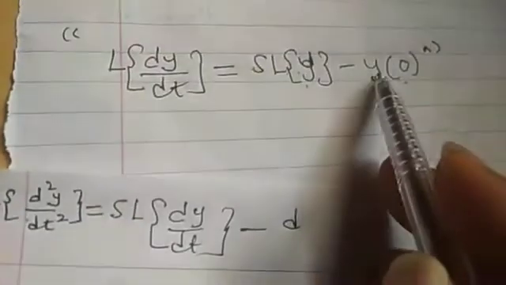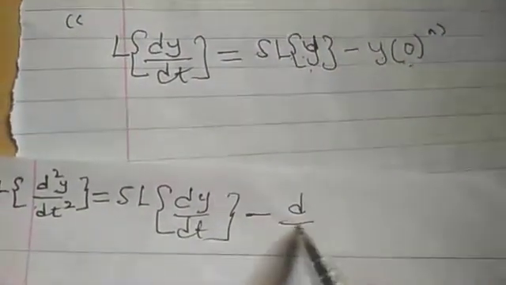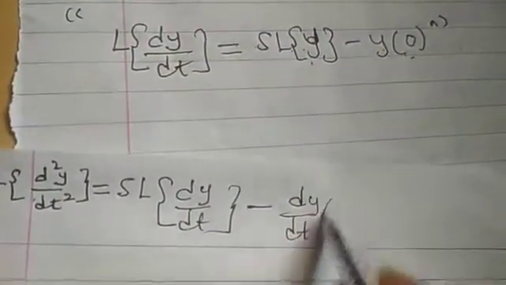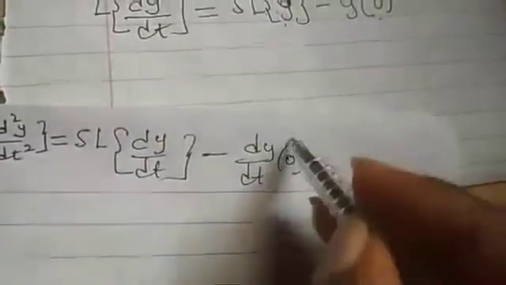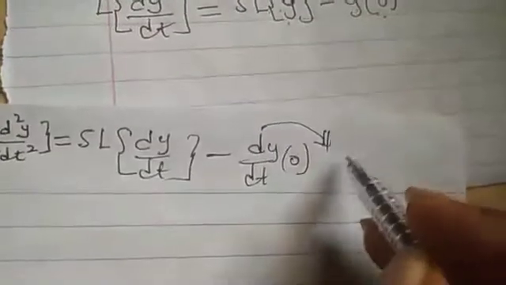Instead of ordinary y, it will be dy dt of 0, which we write as y prime of 0. That's how we write it.